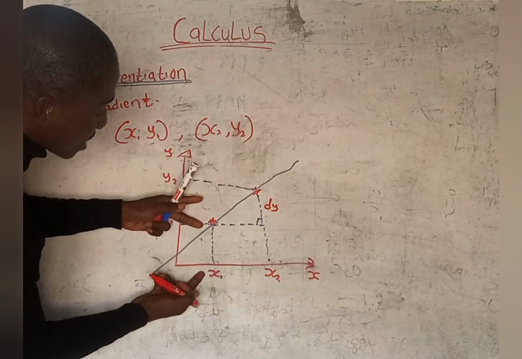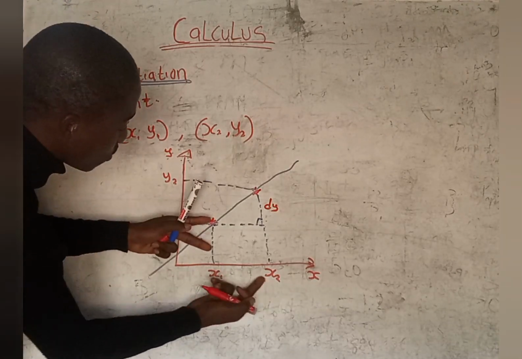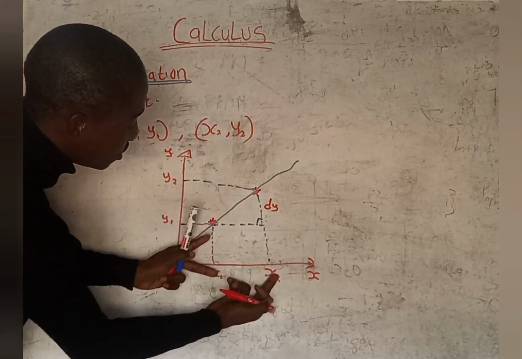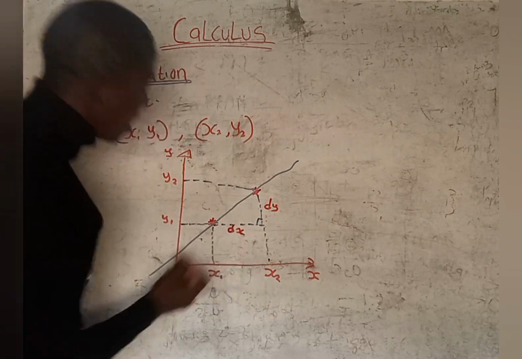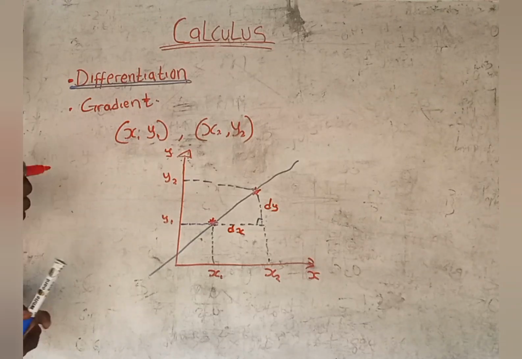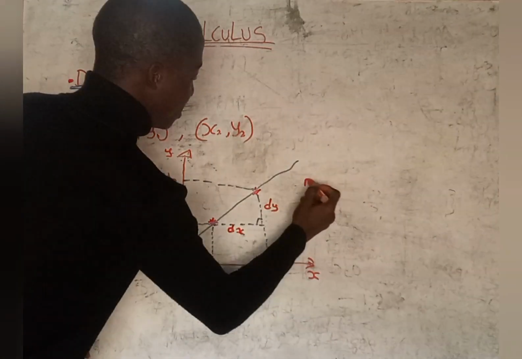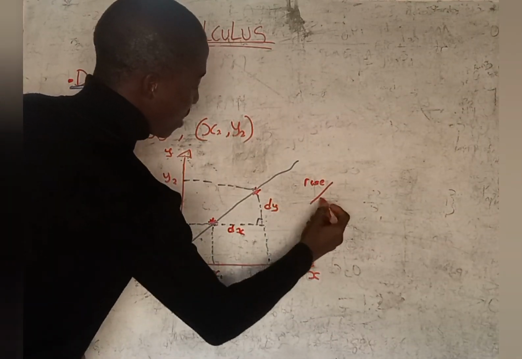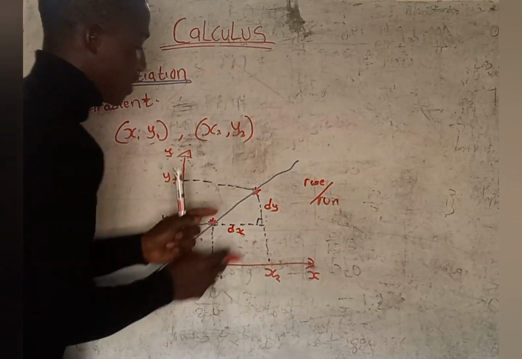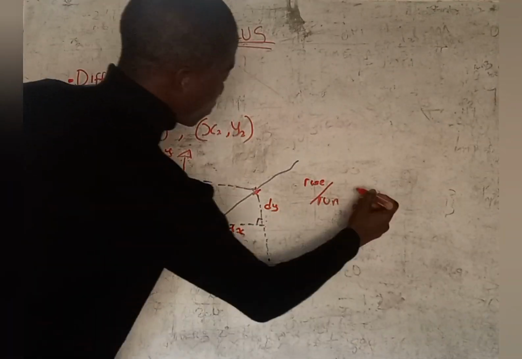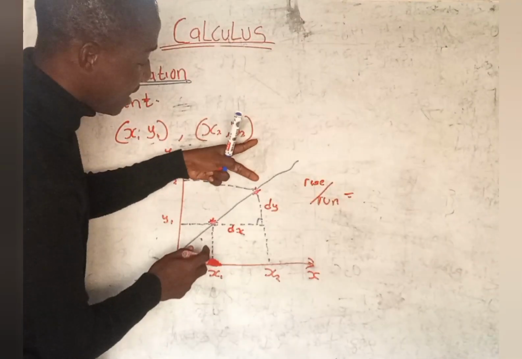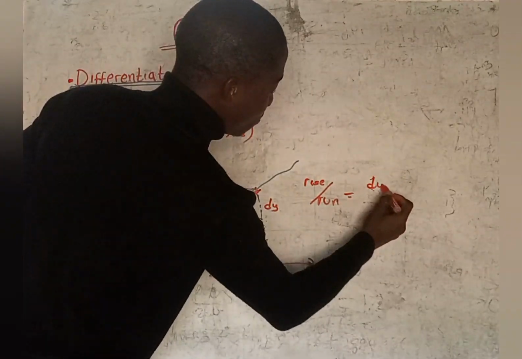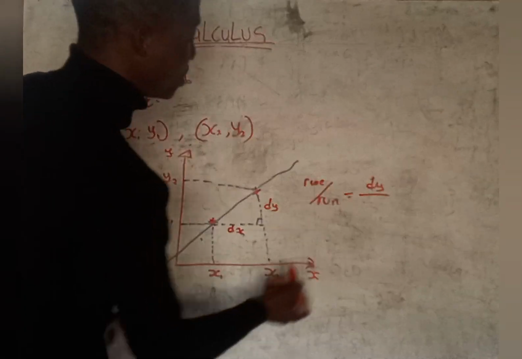From this point, I can find the run, which is the change in x. The rise is this and the run is this. So the vertical line is dy, and I'm going to have dy all over the run, which is dx.